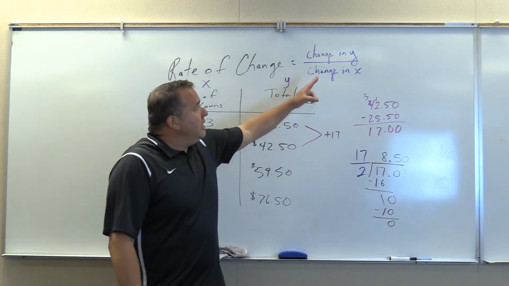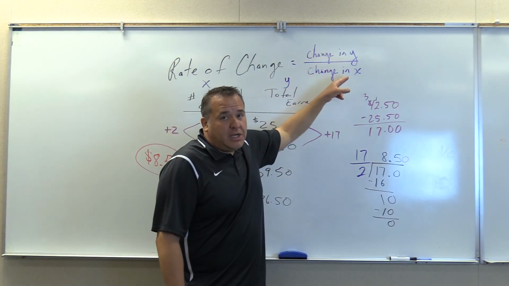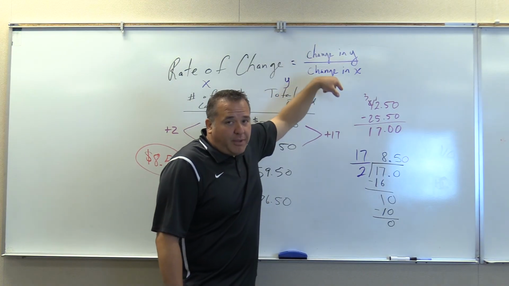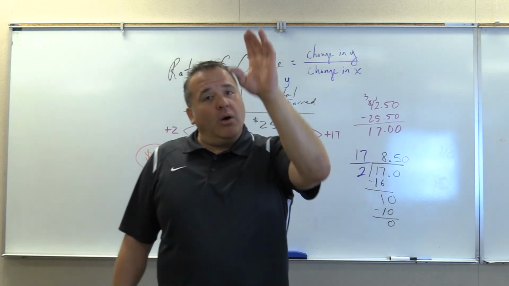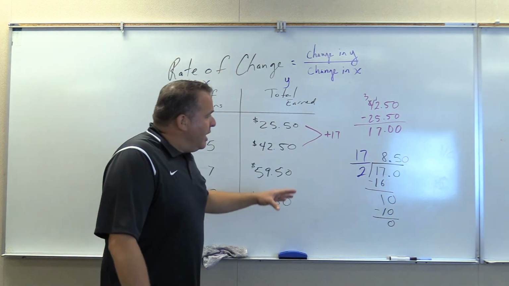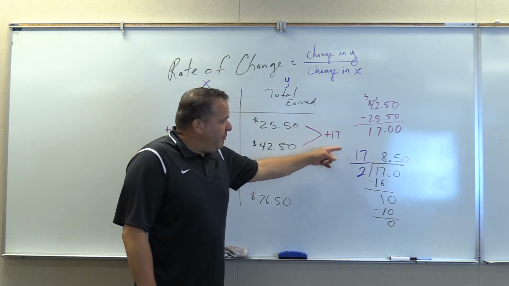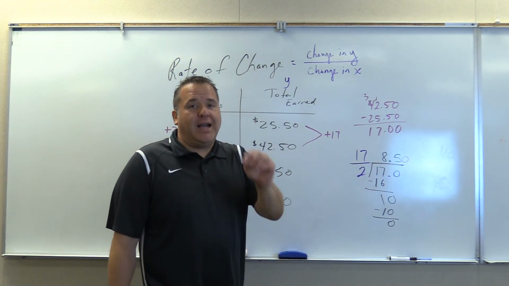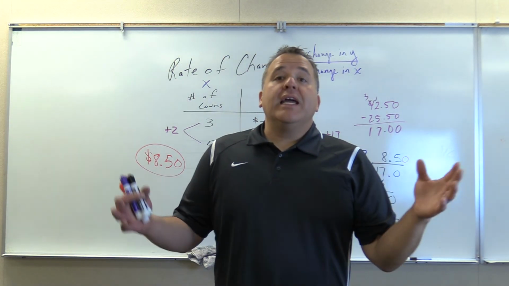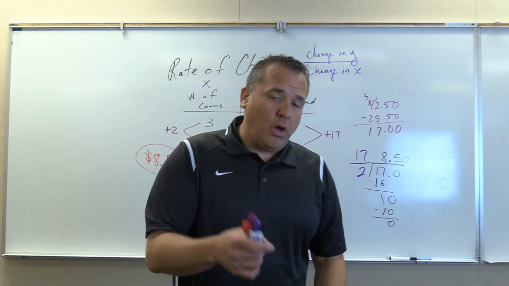And then what you do is change of Y over the change in X. Y is always on top, X is always on bottom. Don't flip them, try to be cute, because you're not. Y on top, X on bottom, and then divide it. Once you divide, that's going to be your rate of change, which is also your slope.